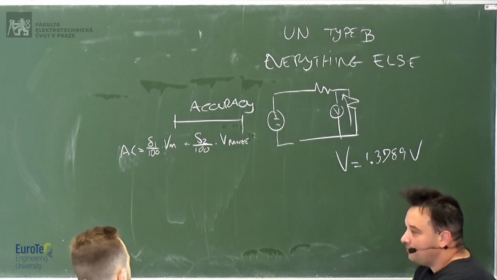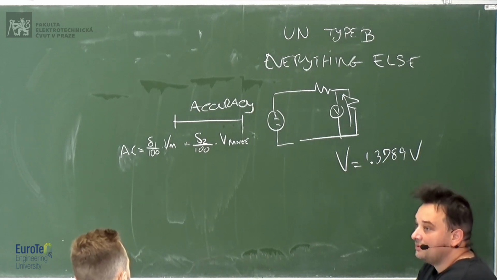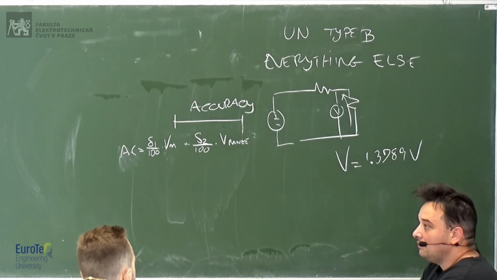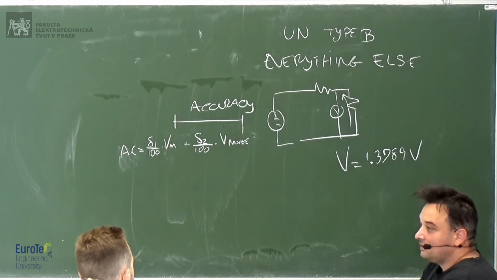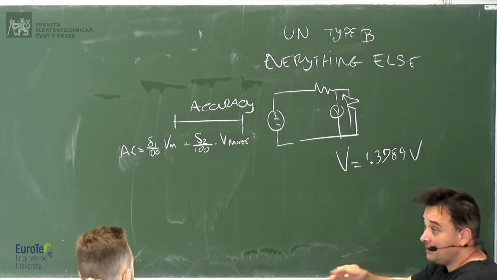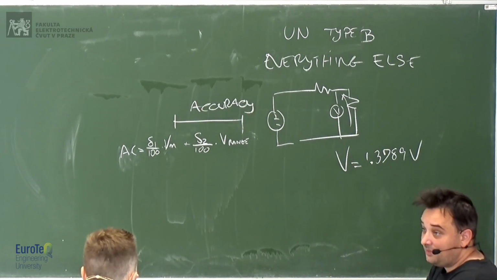If you remember what we did with the operational amplifier, for instance, there is the offset voltage of the operational amplifier. That's some value which is multiplied roughly times the gain, and it's a constant value which doesn't depend on what you measure.